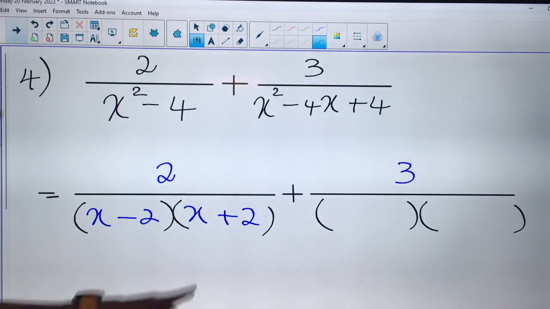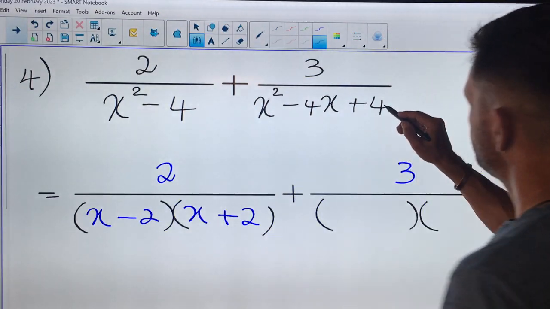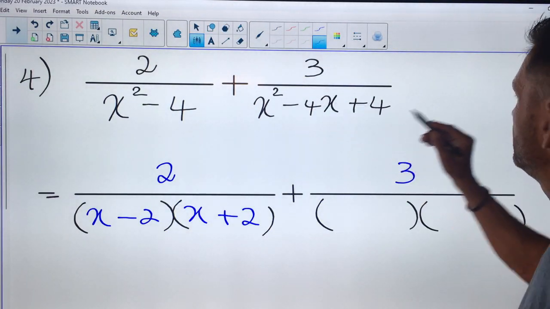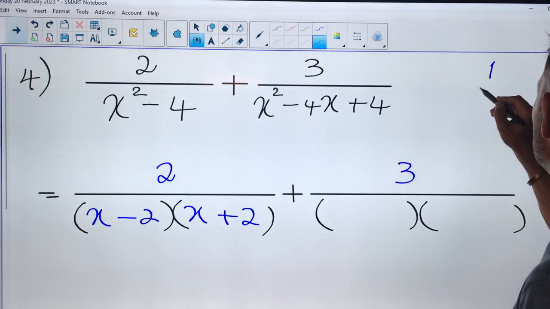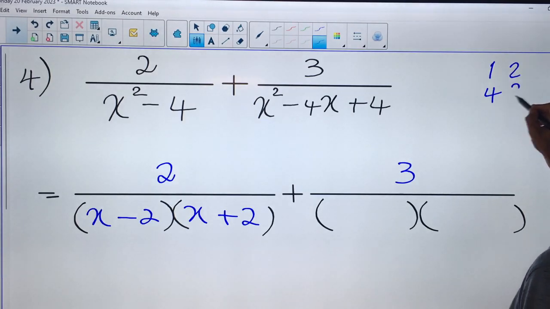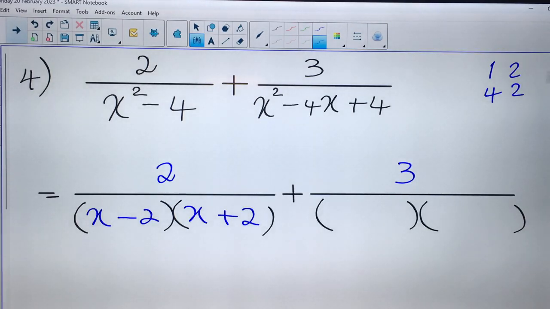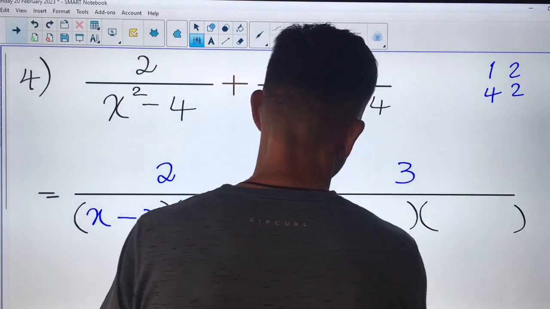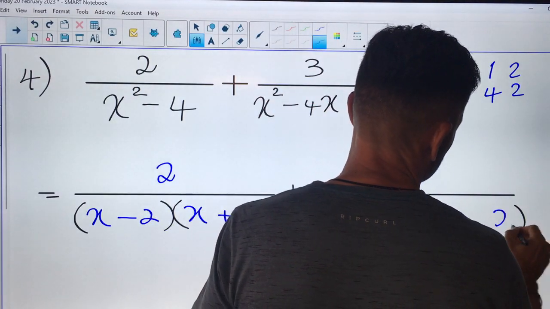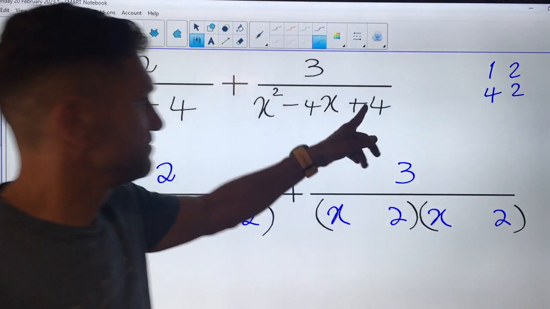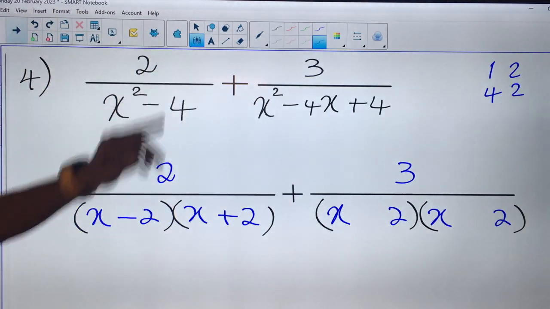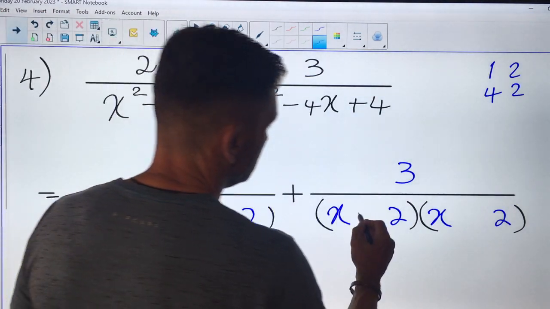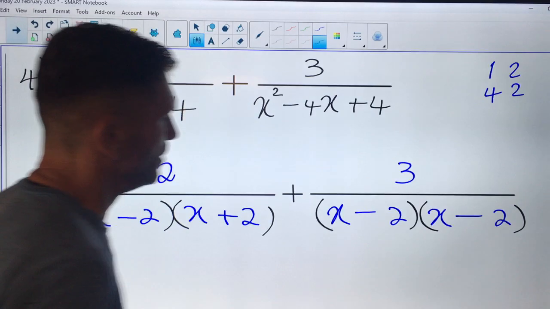And then over here, we need to get the factors of 4, and to add them give us minus 4, so the factors of 4 is 1 and 4, 2 and 2. Can only be 2 and 2. The plus in front of 4 says that we're adding. The negative there says they will both be the same, both negative.